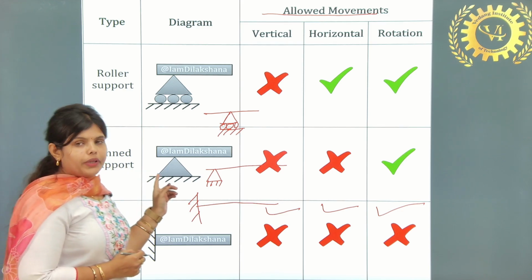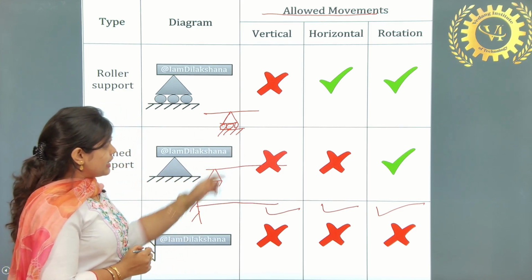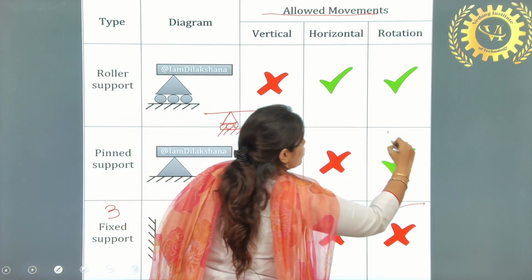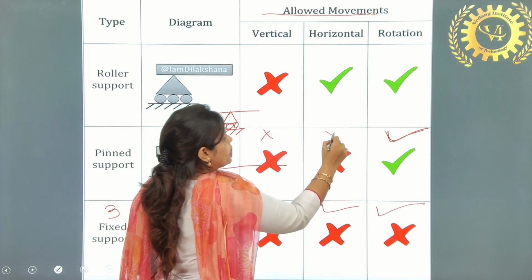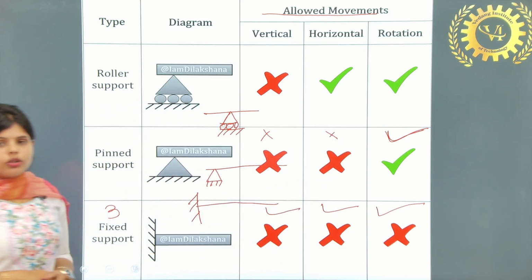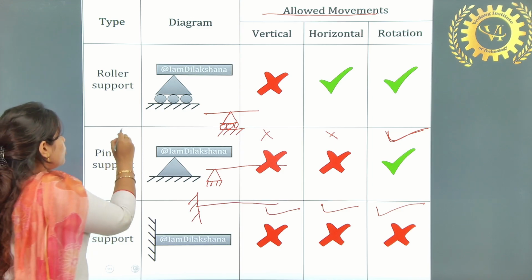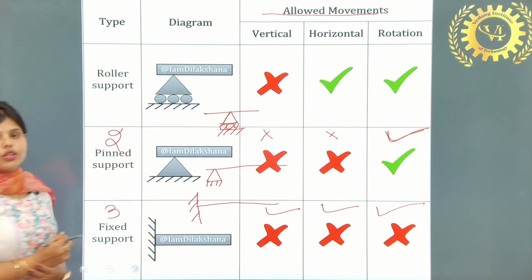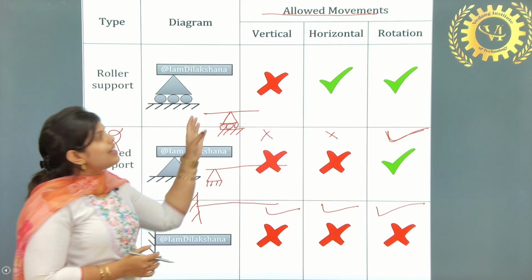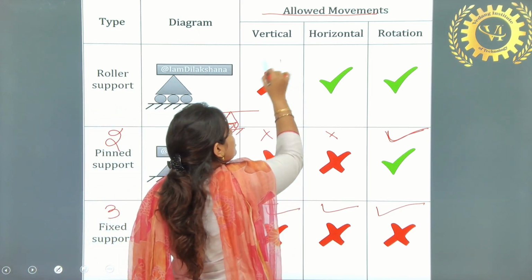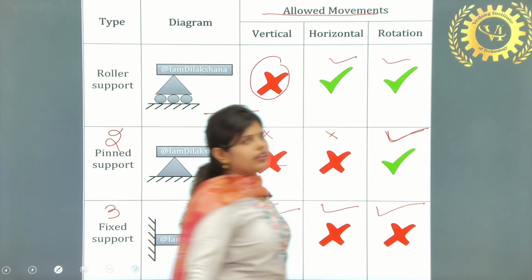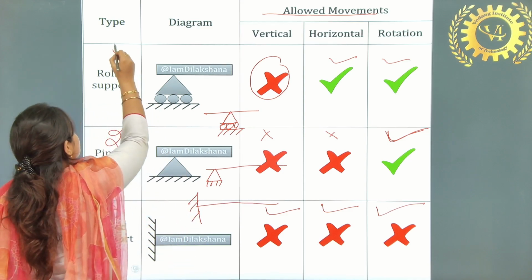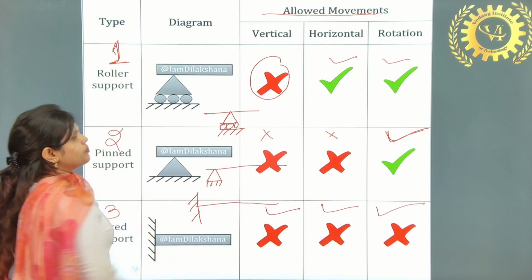But the pin support allows rotation, but not horizontal or vertical movement, so it has reaction 2. And the roller is so smooth that it is not allowing vertical movement, but it is allowing horizontal movement and rotation. So it has reaction 1.